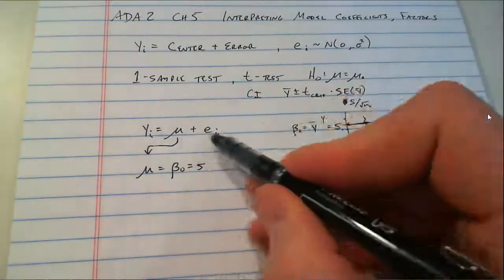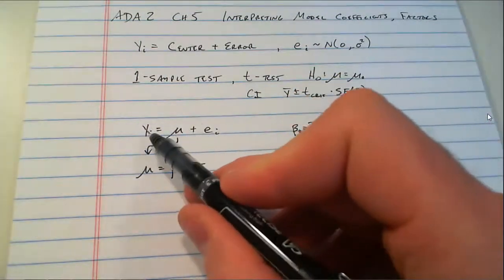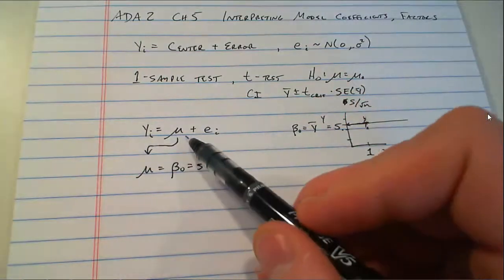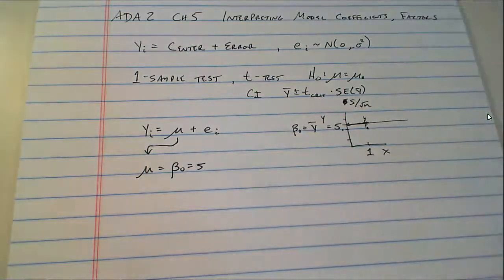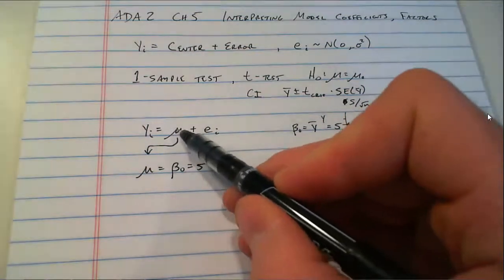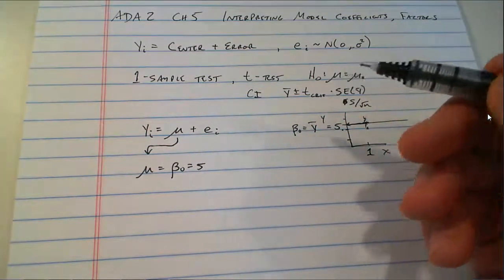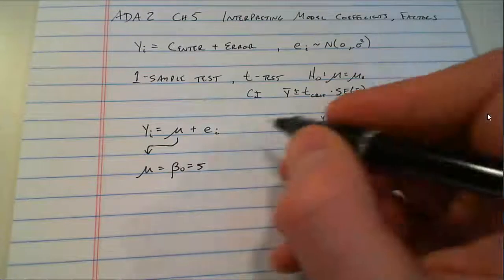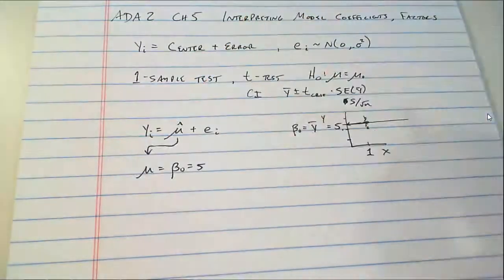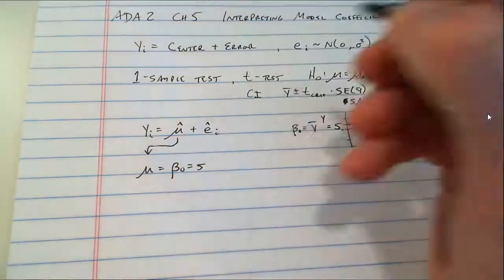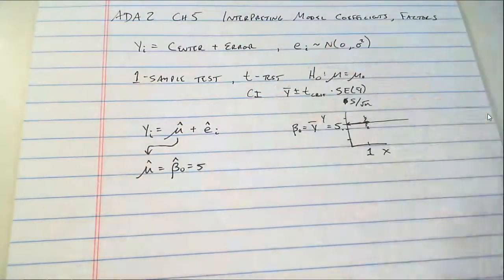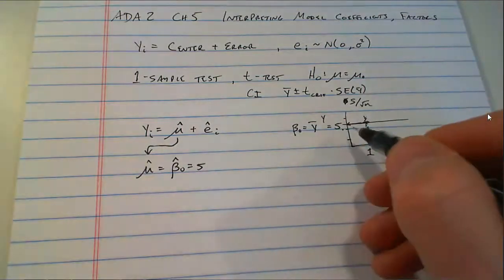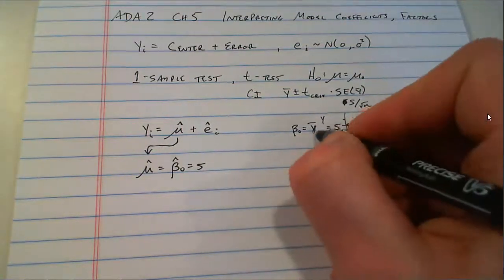So once we've got this is our model, the data vary around a true value of mu plus error, but then we draw a sample, and so the population has a true value of mu. We draw a sample, we estimate the mean for that sample, and that becomes mu hat. Our residuals then also become estimates, and mu hat is beta naught hat. And so 5 is our sample estimate y bar.